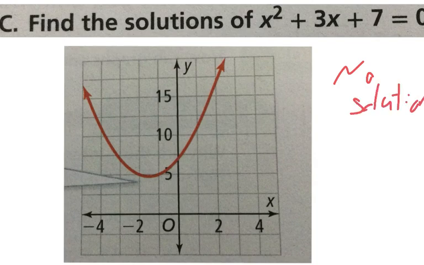So when we graph a parabola, there are three possible outcomes. What are they? It could have two x-intercepts. That looks like this, or something like that.